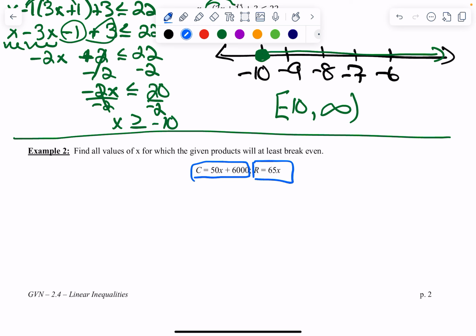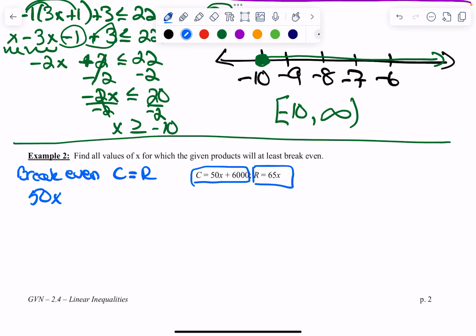So break even was when the cost function equals the revenue function. So C equals R. So what we're going to do is we're going to set these to be equal. So 50x plus 6,000 equals 65x.